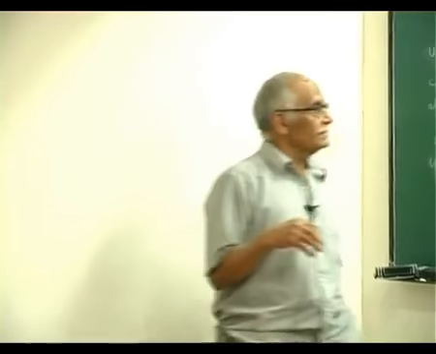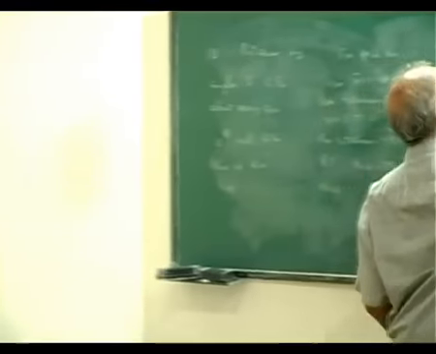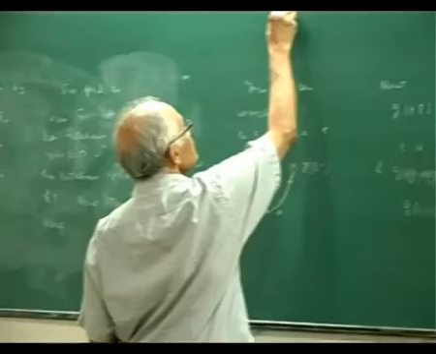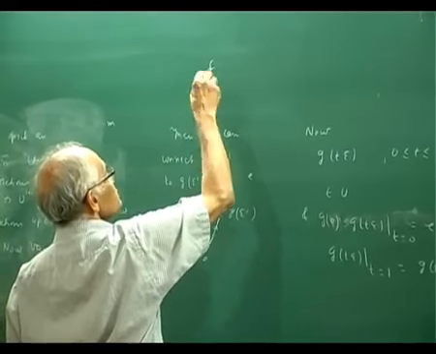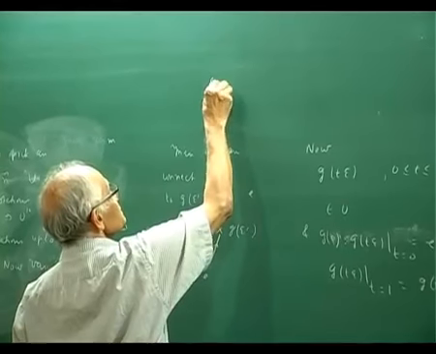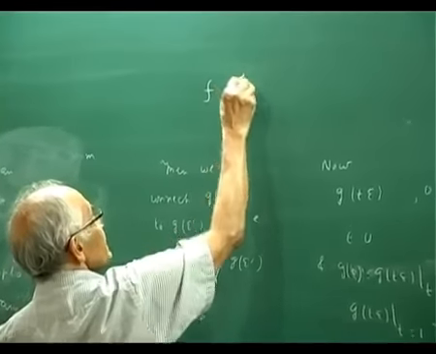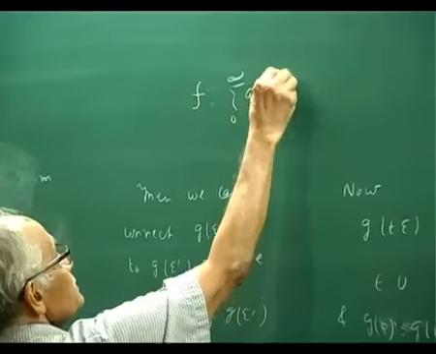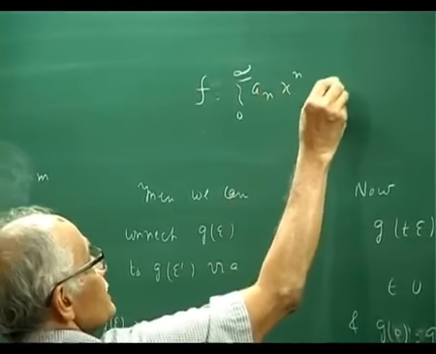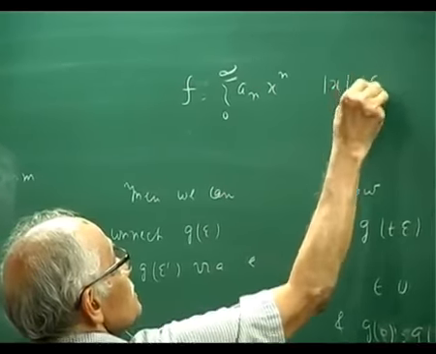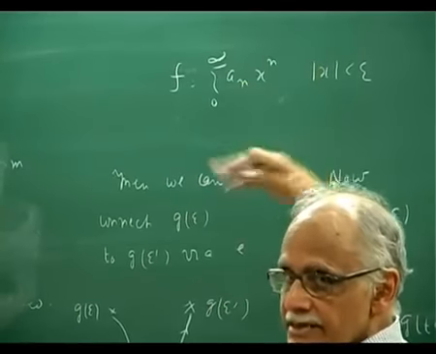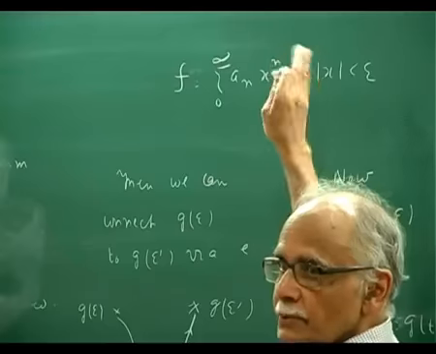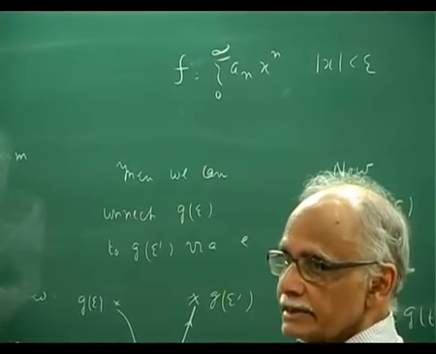But you know that if you have a real analytic function, suppose I give you a power series expansion, sum from 0 to infinity of a_n x^n, for x less than some epsilon, and it converges absolutely, etc. If it converges up to some point, it will converge absolutely below that.